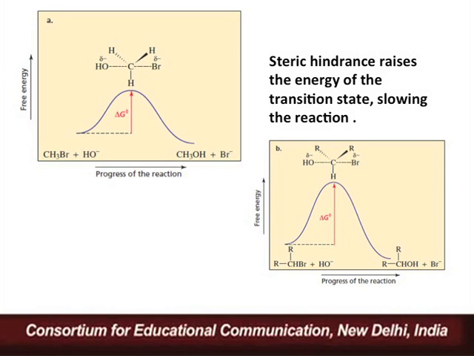The energy of the transition state is also very high. Since the energy of the transition state is high, we will need more activation energy to bring about this reaction. Hence, the reaction of a sterically hindered alkyl halide will be slower when compared to unhindered methyl bromide.